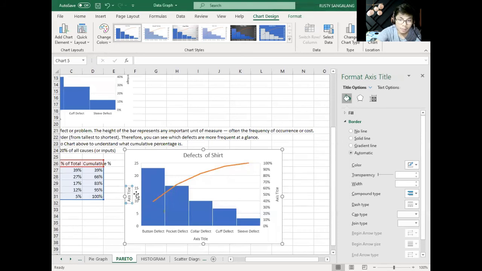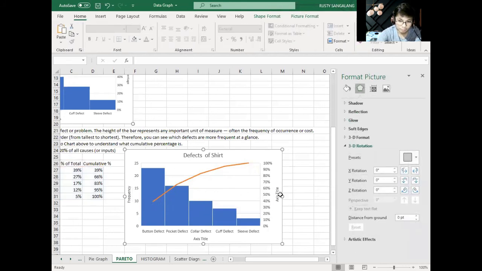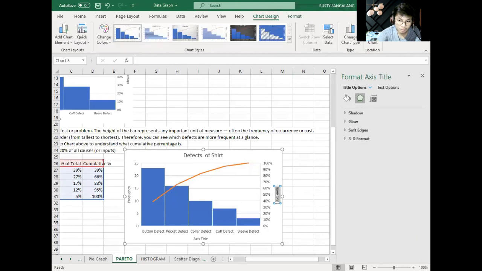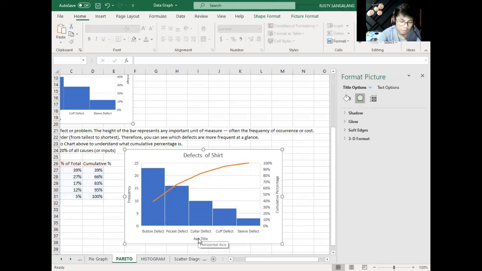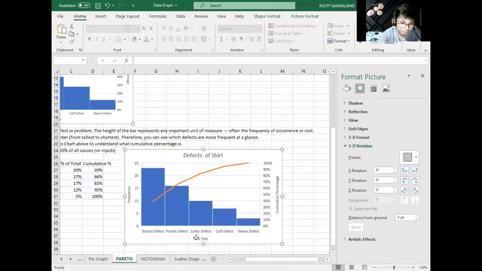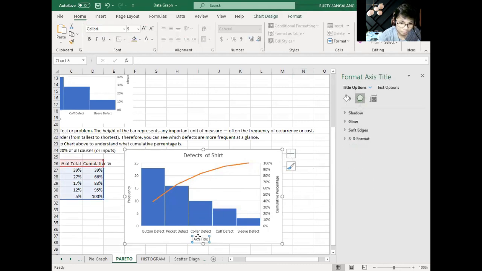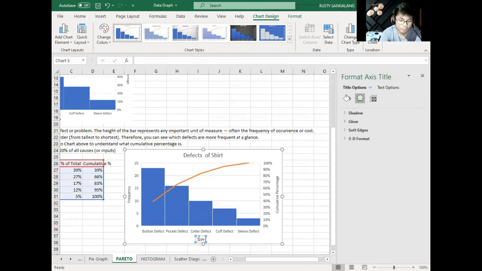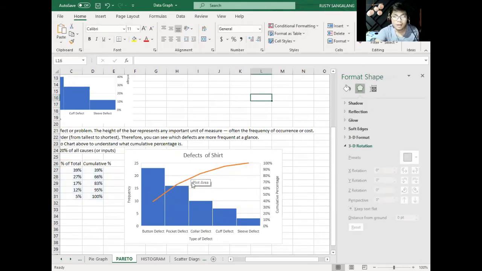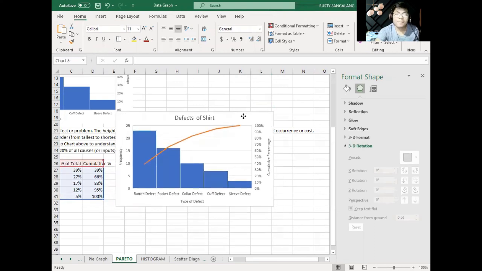So we just have to retype lang yung frequency. This one is the cumulative percentage. And our type of defect. So yan, kumpleto na yung ating Pareto chart. Okay, so that's all.